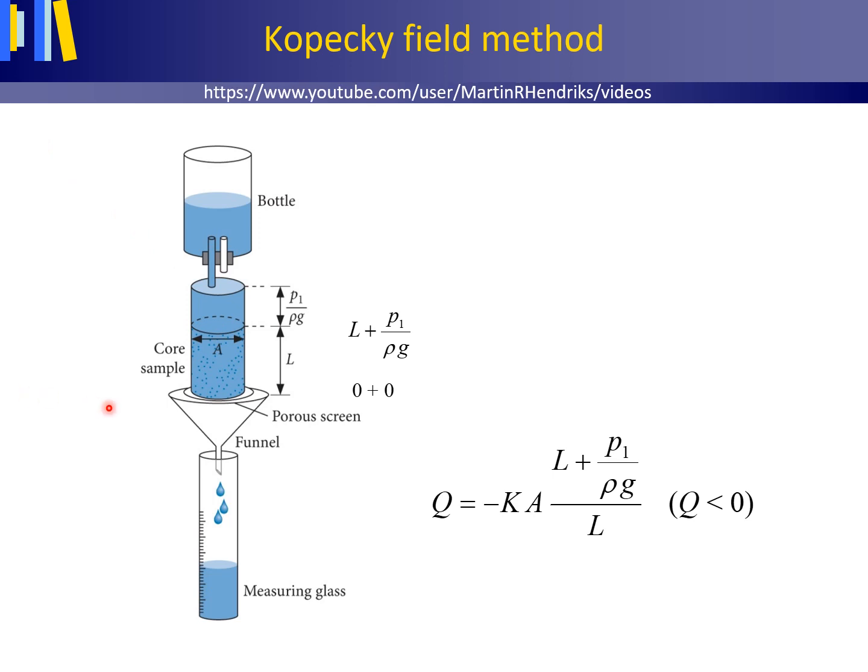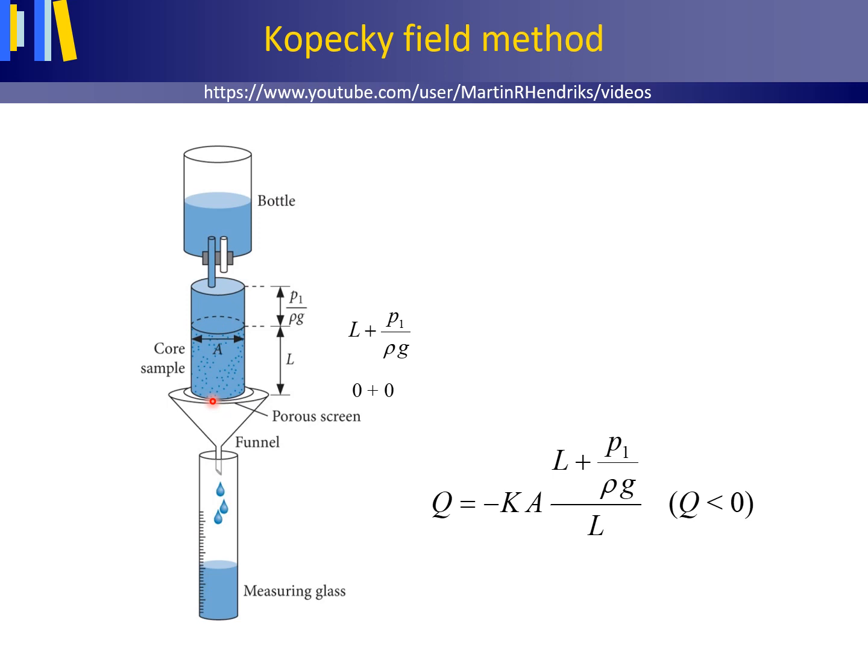If we take the bottom of the subsoil core sample as the reference level, the hydraulic head at this water dispatching bottom end of the subsoil sample thus equals an elevation head of 0 meter plus a pressure head of 0 meter, totaling 0 meter.